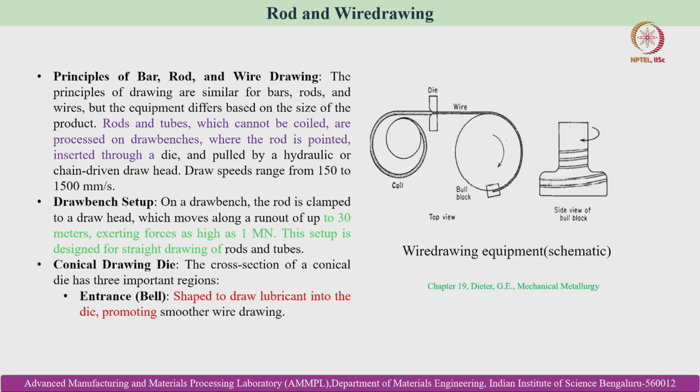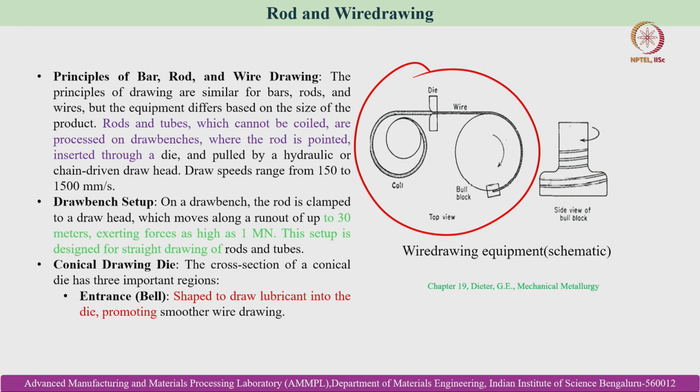This is a typical schematic of the wire drawing process, where you can see this workpiece coil is fed through this conical die entry, and from there it is pulled by a bull block. Then the cross sectional reduction of the coil takes place and the wire is made.